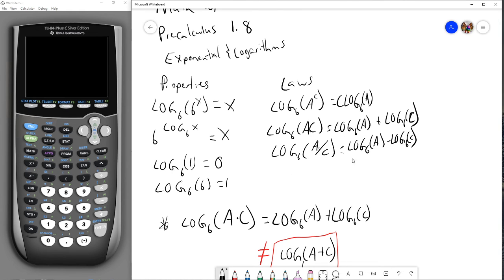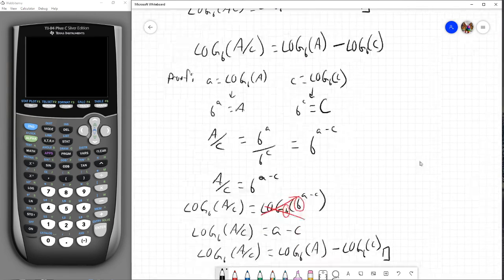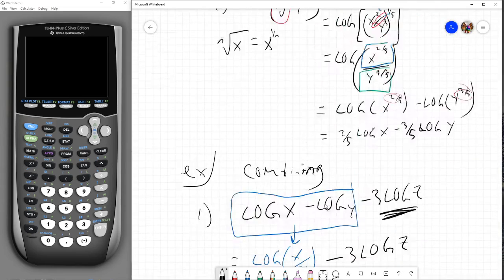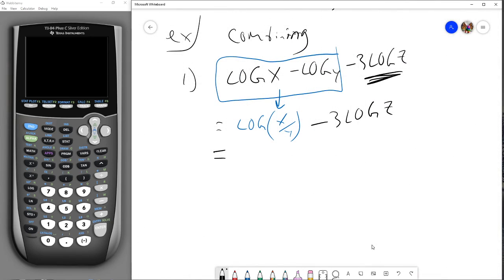So in order to use these, we must get rid of the coefficients. When we scroll down here, we have this coefficient right here that we just highlighted. This coefficient we must move inside using the law of logs. So that's what we'll do.